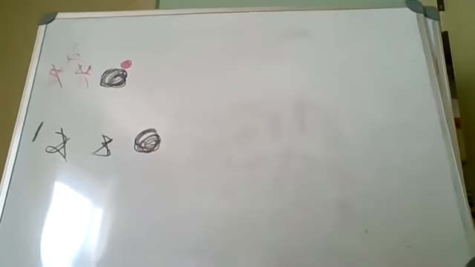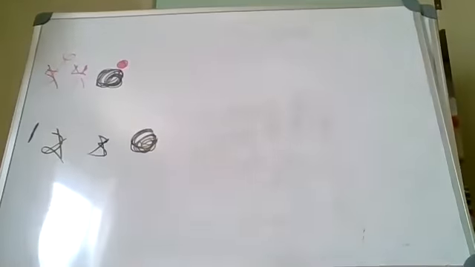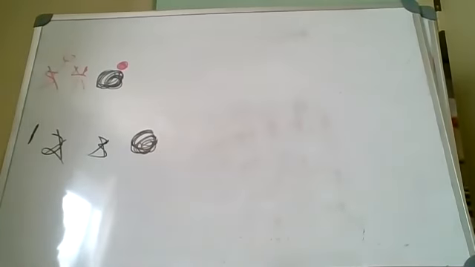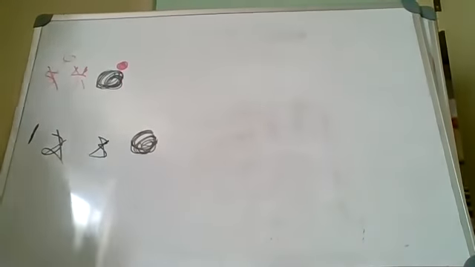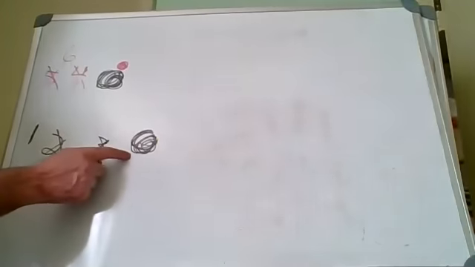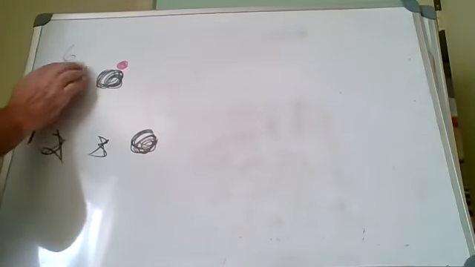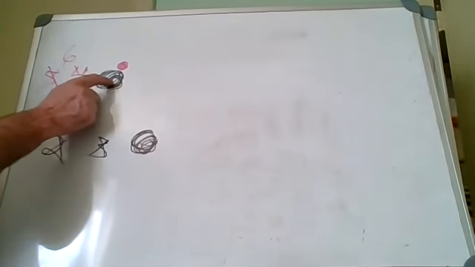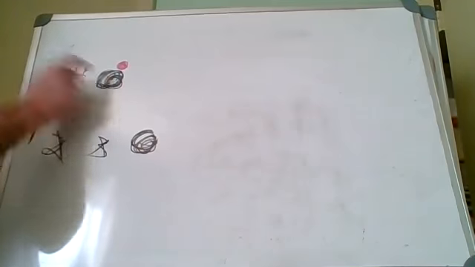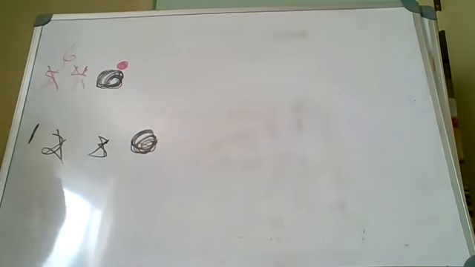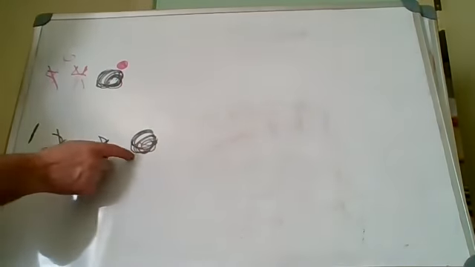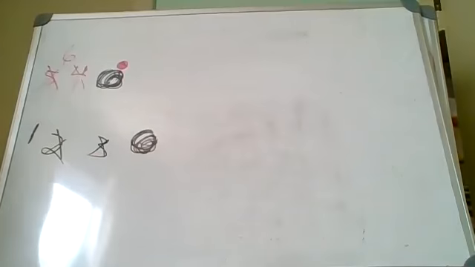Let's see. Part C says, draw a picture when the buffer capacity has been reached. So when the buffer capacity is reached is when all of these are gone. So you would just have 7 of these. You would just draw a beaker with 7 of these, right? Again, the buffer capacity has been reached when all of the conjugate base is gone.